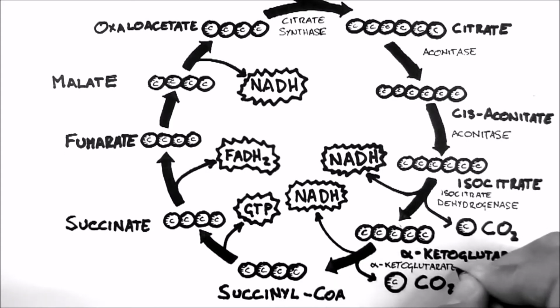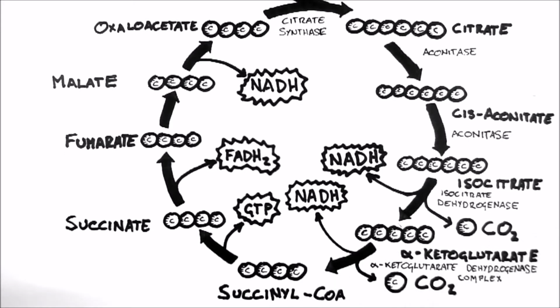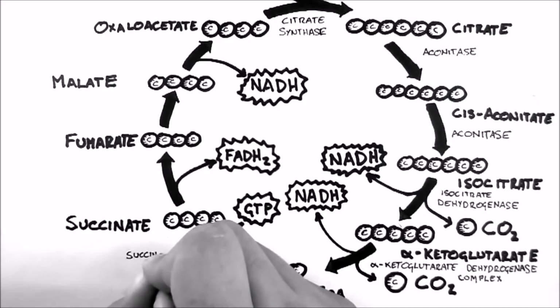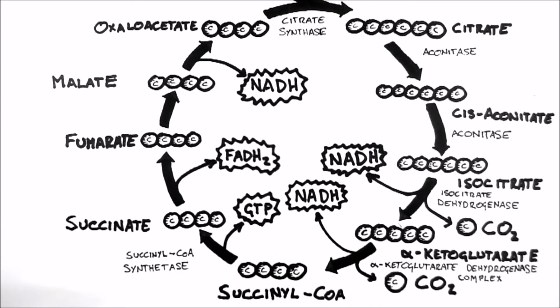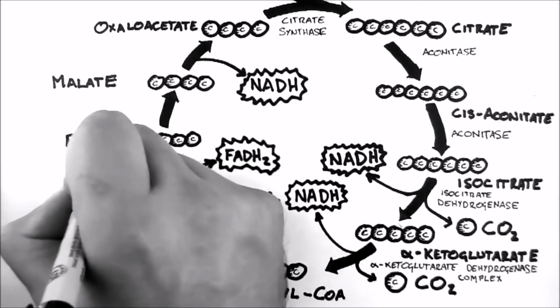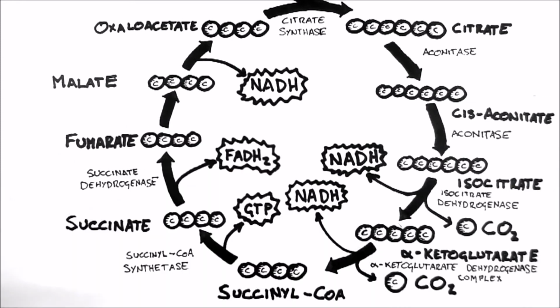And the alpha-ketoglutarate dehydrogenase complex also producing NADH in the conversion to succinyl-CoA. Succinyl-CoA synthetase catalyzes the conversion of succinyl-CoA to succinate. Then yet another dehydrogenase, known as succinate dehydrogenase, produces the high-energy molecule FADH2.